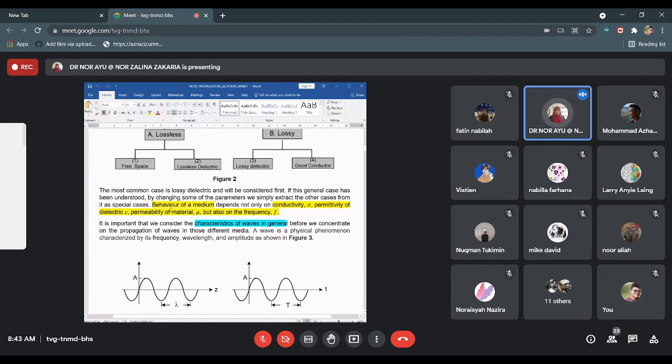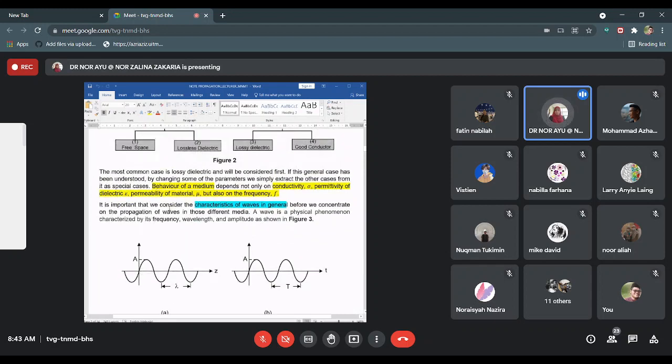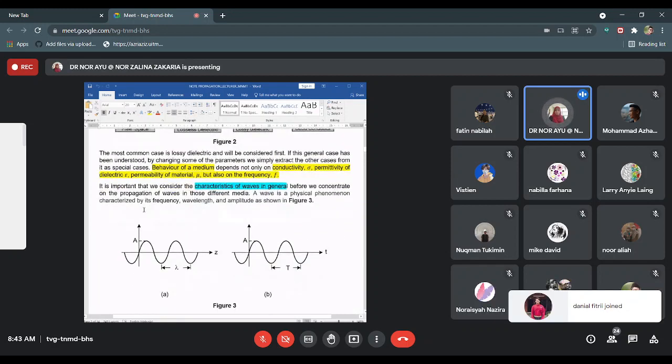So you can see that the behavior of the mediums depends on so-called parameters, which are the conductivity, the permittivity of the dielectric epsilon, the permeability mu, and then we look into the frequency and the phase constant, and many more we go through afterwards. Okay, and then we can see here, this is the example of the wave.